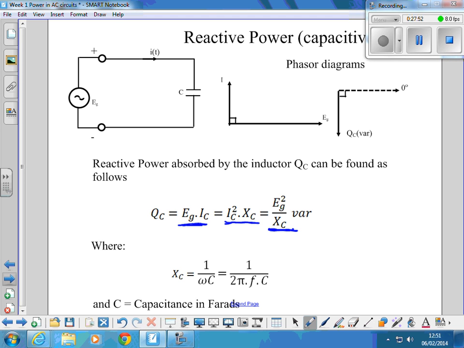Again, XC could be calculated from 1 over omega C, or from 1 over 2 pi times the frequency in hertz times C. Always bear in mind capacitance values in that formula are in farads, even though they're likely to be values in microfarads, times 10 to the minus 6.